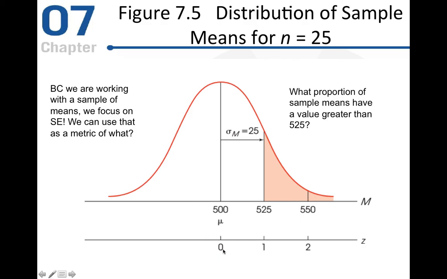So if we are interested in finding out what proportion of the sample means have a value greater than 525, or what is the probability of obtaining a sample mean greater than 525, we can take this information and go to our z-table, the unit normal table in your book.